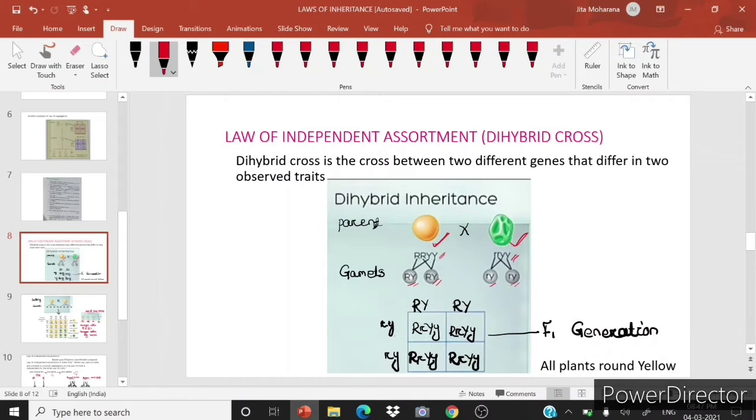When these gametes fuse, capital R, capital Y fusing with small r, small y produces a hybrid progeny with genotype capital R, small r, capital Y, small y. Likewise, all the hybrids produced in the F1 generation had the genotype capital R, small r, capital Y, small y.